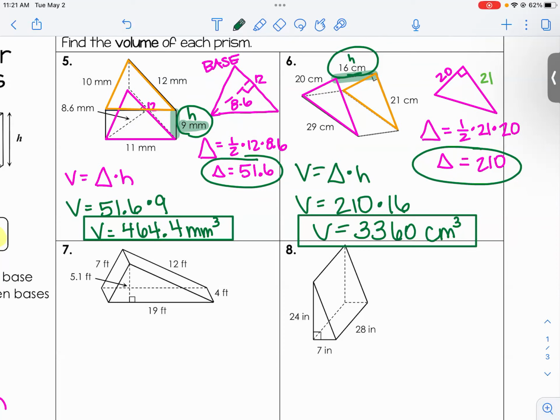Yeah. So you take this and you multiply it. 193. Oh, that's not right. Wait, do you use 3?